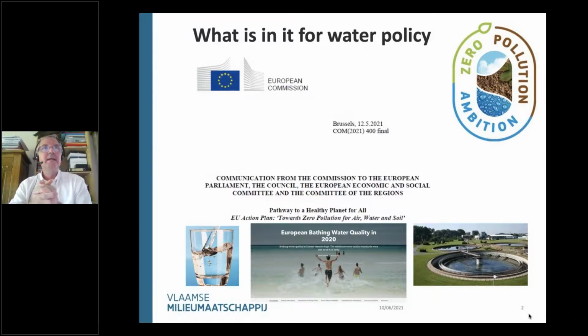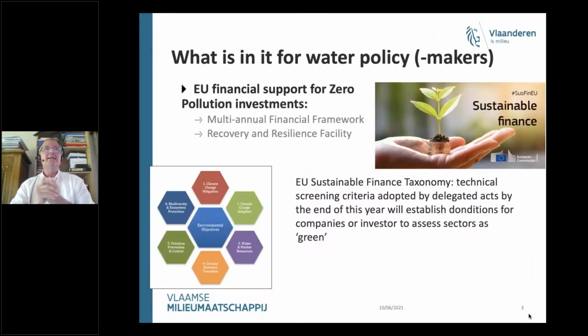Next slide, we see that the document is proposing a lot of measures that, of course, need financing, and there is the reference to the multiannual financial framework and also the recovery and resilience facility.